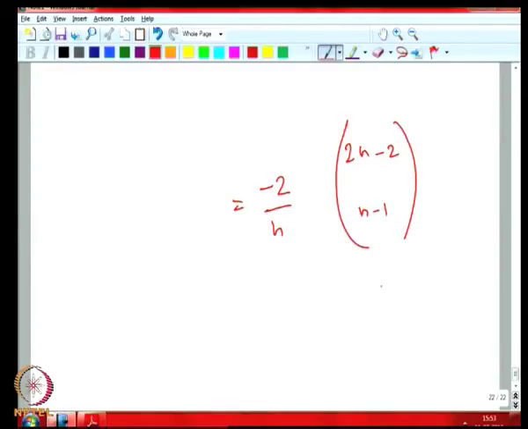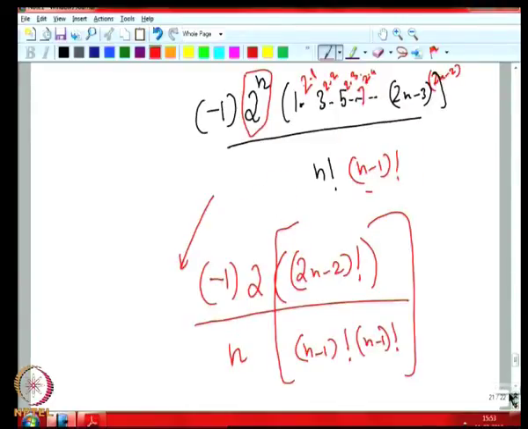This is what it is. So, you can see that 2n minus 2 choose n minus 1 is 2n minus 2 factorial divided by n minus 1 factorial into n minus 1 factorial. This is exactly that term, 2n minus 2 choose n minus 1.